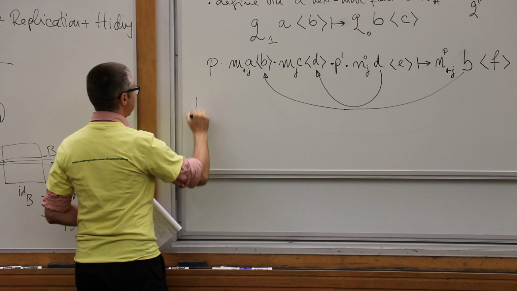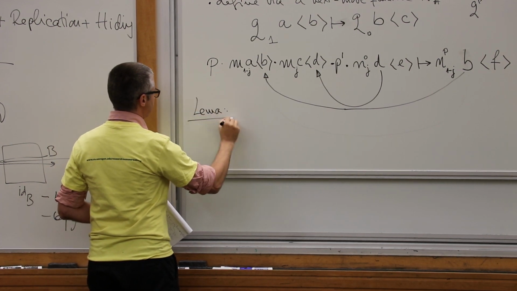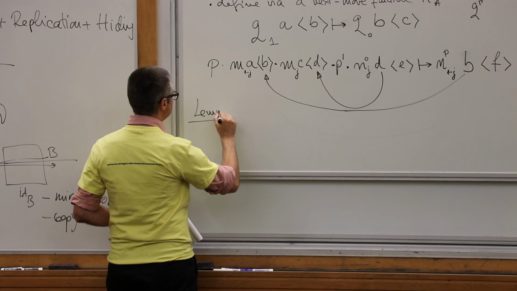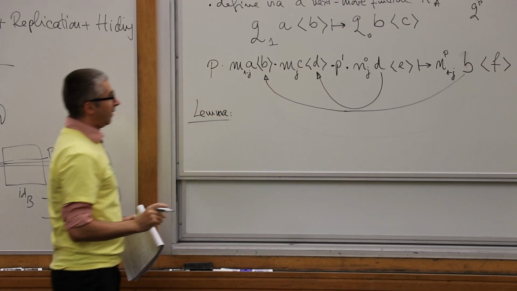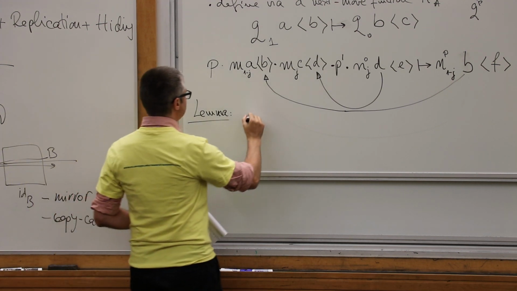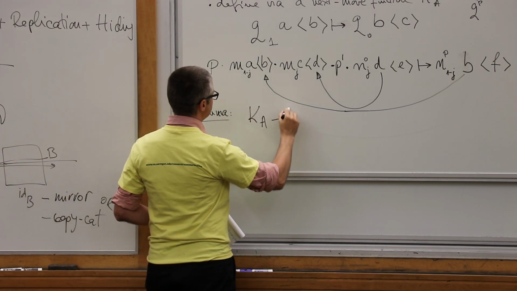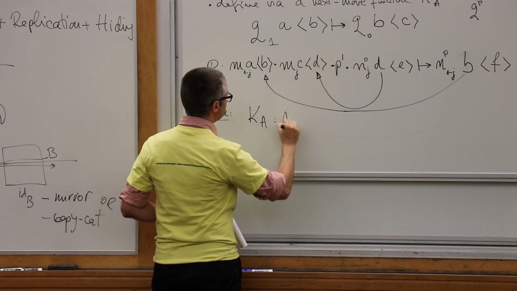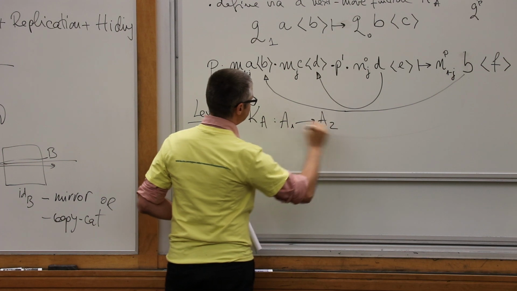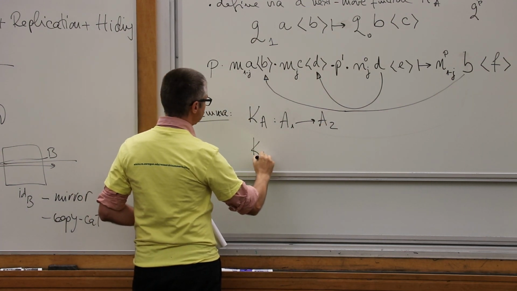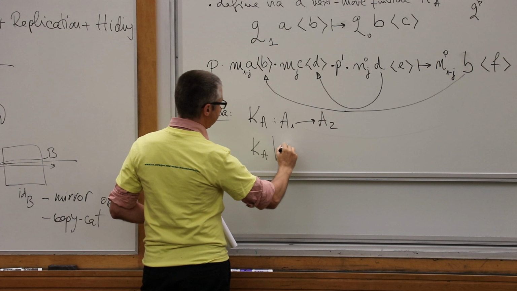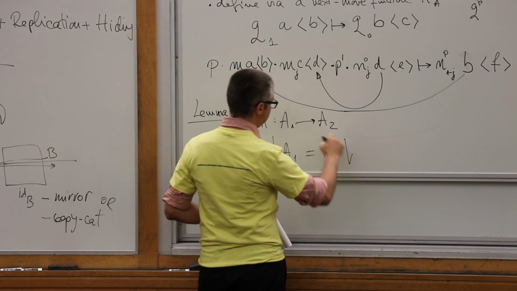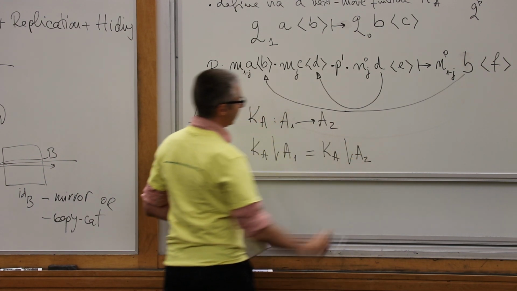We can check that if we take the copycat strategy and restrict it on this side, you get the same thing as if you restrict it on this side.